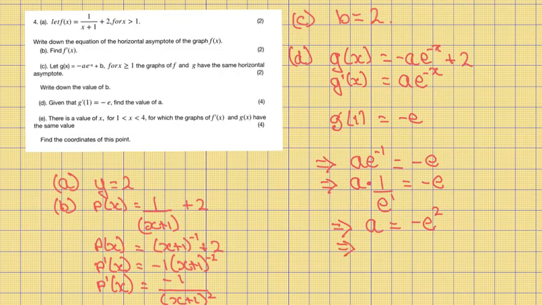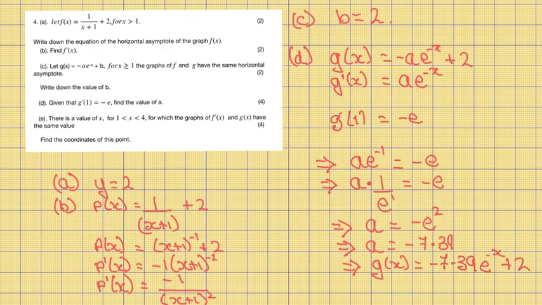Therefore, a is equal to minus 7.39. Therefore, g of x is equal to minus 7.39 e to the minus x, plus 2.